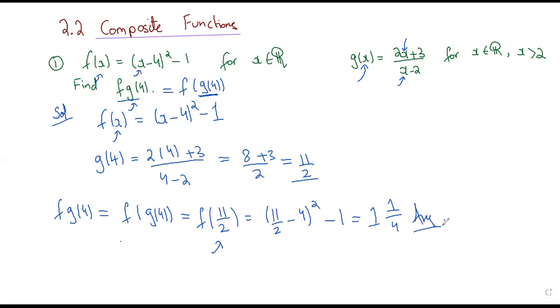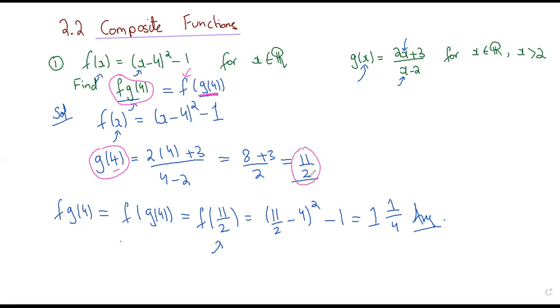So I'll repeat. I'm pretty sure you guys would be having an idea about composite functions already, but just for the sake of completeness, whenever you will come across something of this type, just know you need to plug in this part in this function. So the good idea was that I can find the value of this first. I've just plugged in 4 in the g function, and I got 11 by 2.